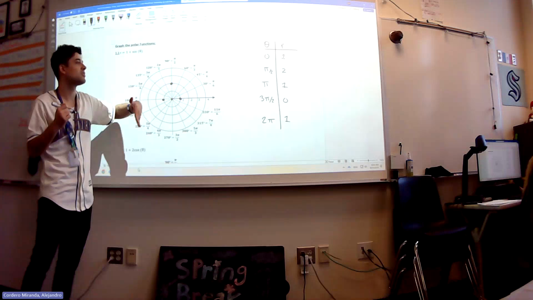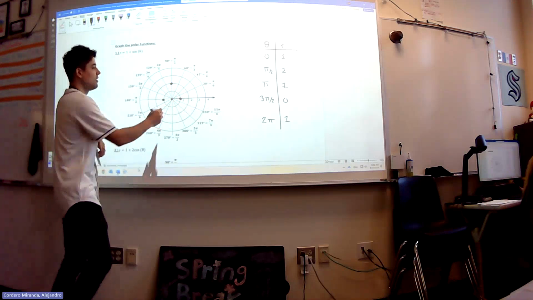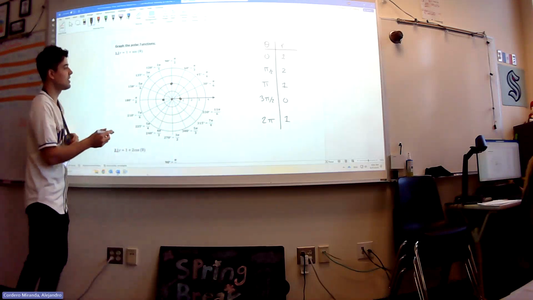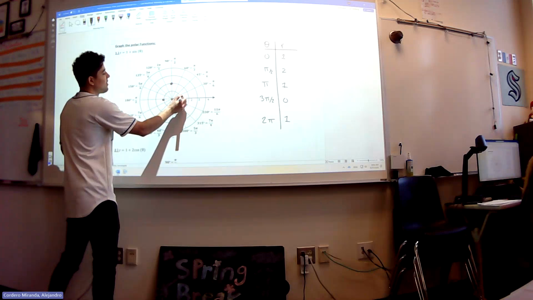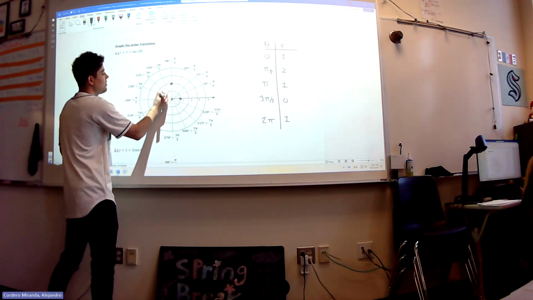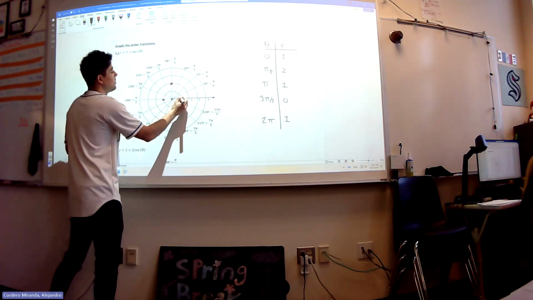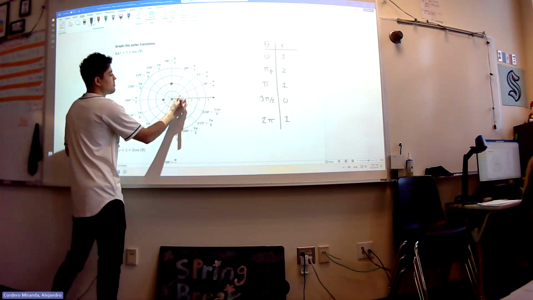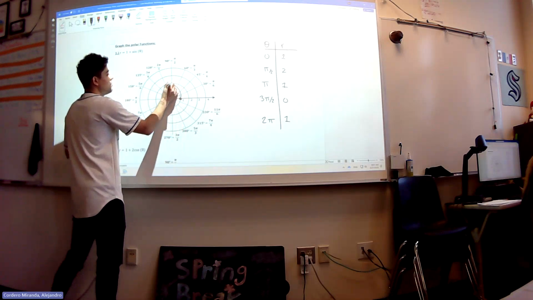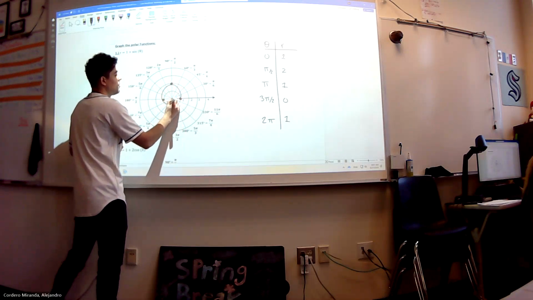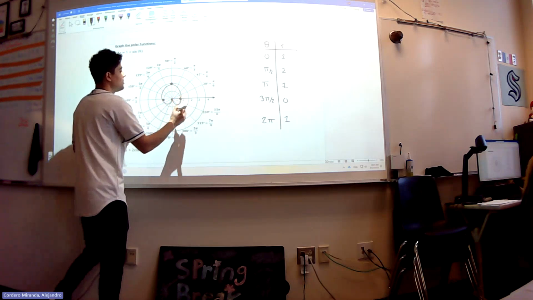In polar coordinates, the origin is called the pole. And then 2 pi is back to 1. So the idea is you start here, and then as you rotate, you're increasing to here, decreasing to here, decreasing, and then increasing. So the shape will look something like this. Decreasing to 0, and then increasing back to 1.